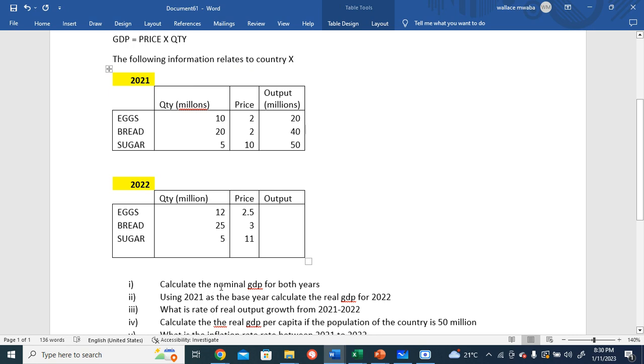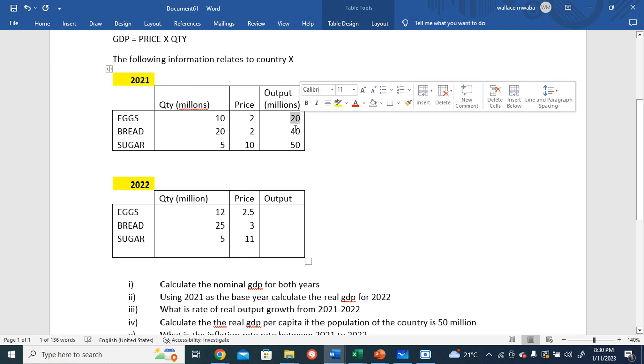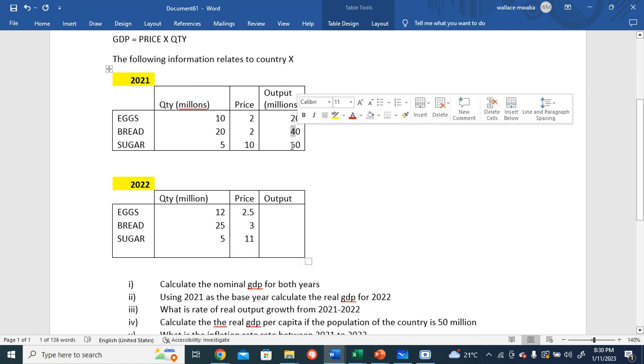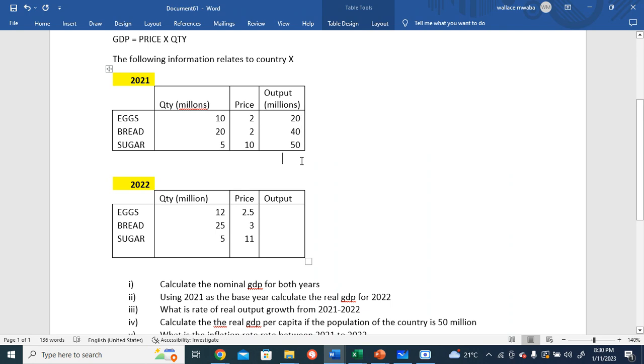So our GDP, the nominal GDP, the first thing they've asked us here, we'll go to read this part here. They've asked us to calculate the nominal GDP for both years. So to calculate the nominal GDP for both years, we're going to use the current prices for the years. So for 2021, we're going to total up 20 plus 40 plus 50.